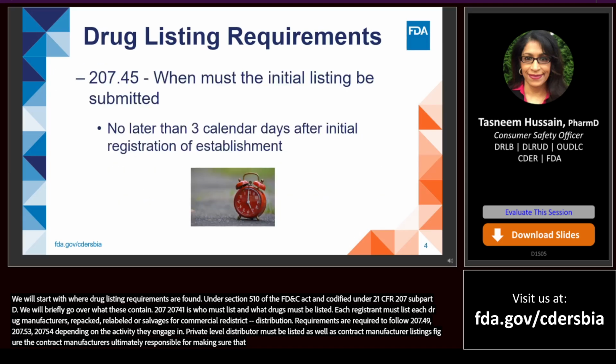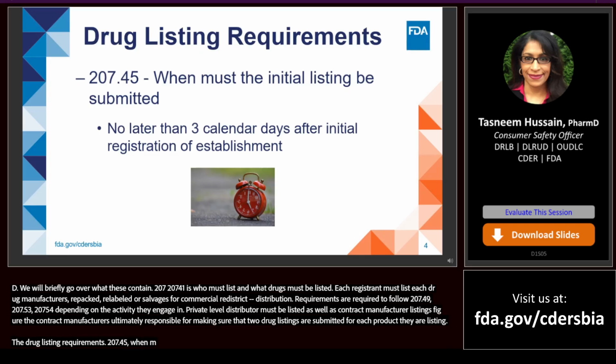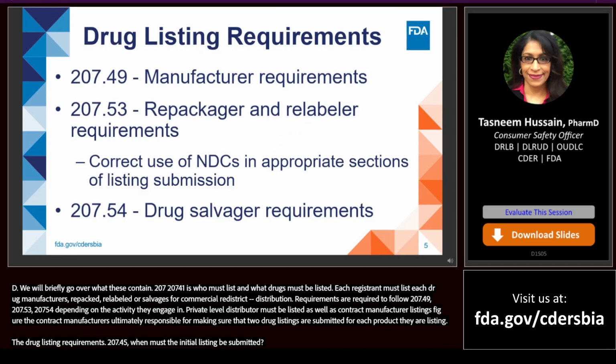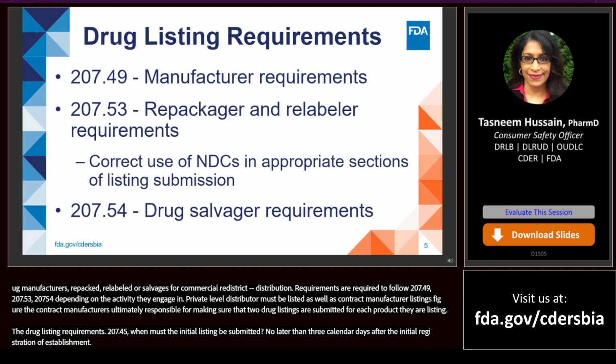So drug listing requirements, 207.45. When must the listing information be submitted? It's no later than 3 calendar days after the initial registration of the establishment. 207.49 includes the manufacturer's requirements. 207.53 includes repackager and relabeler requirements.